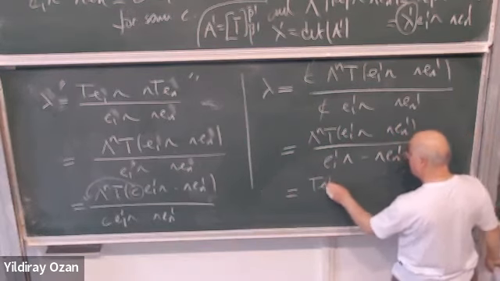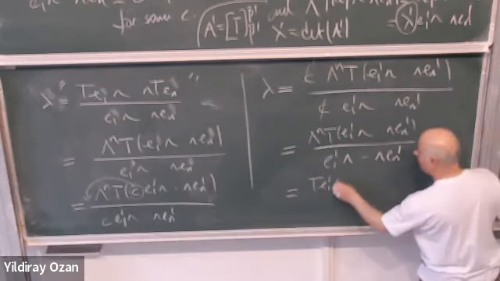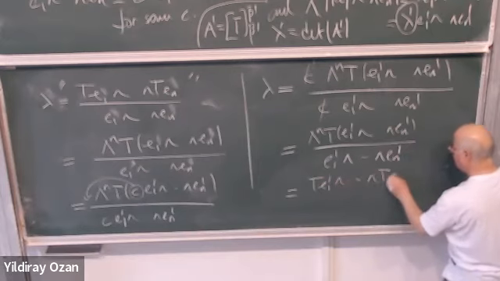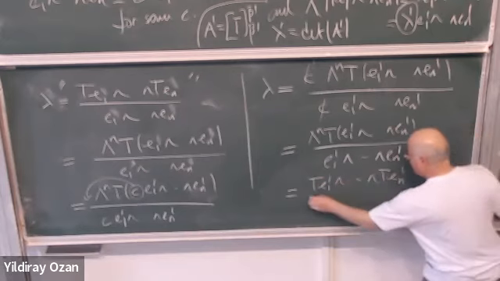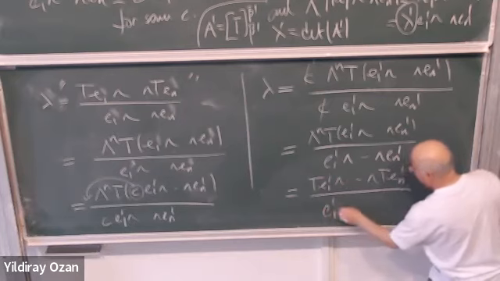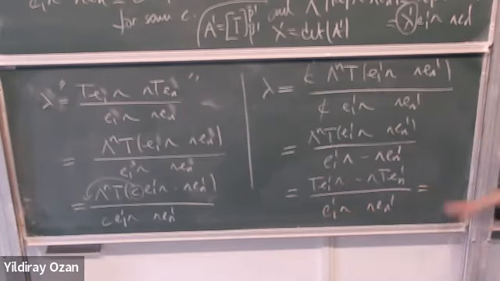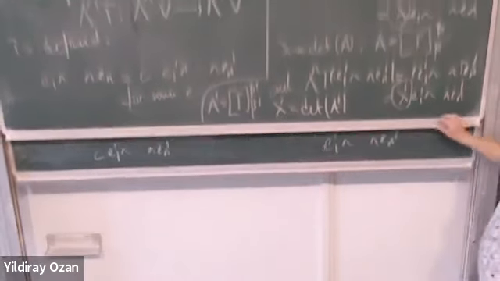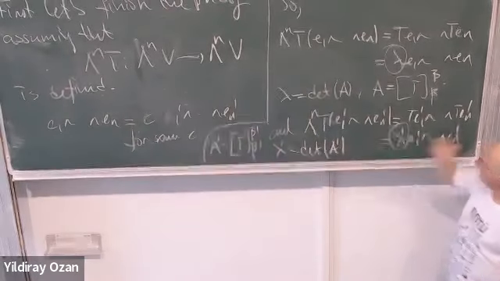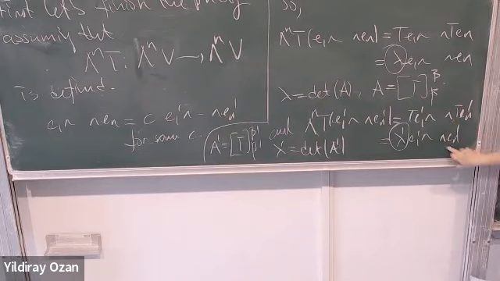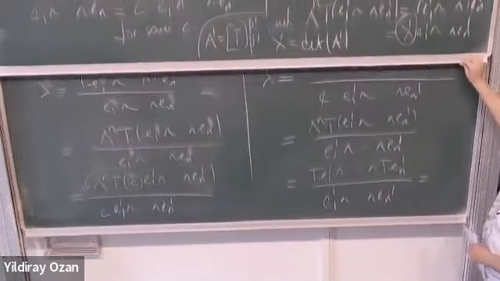So T E1 prime wedge up to T En prime divided by E1 prime wedge En prime. But what is this? These are equal, therefore that is just lambda prime. So this is just lambda prime.